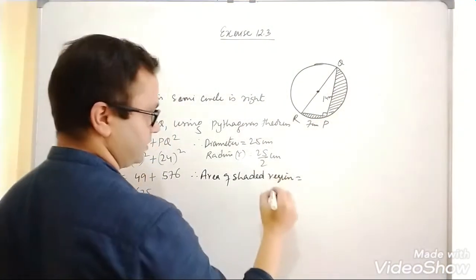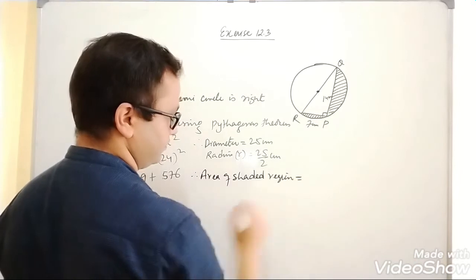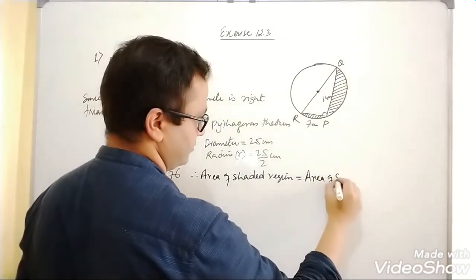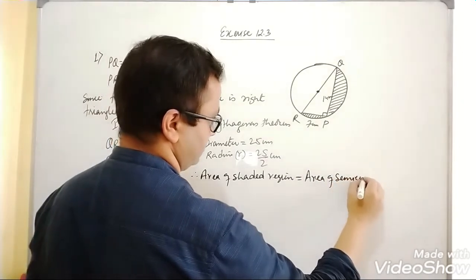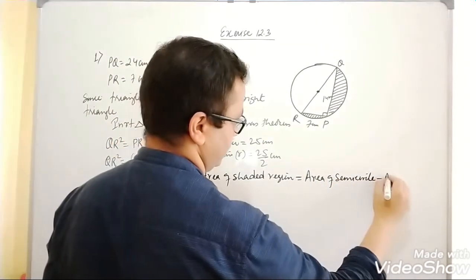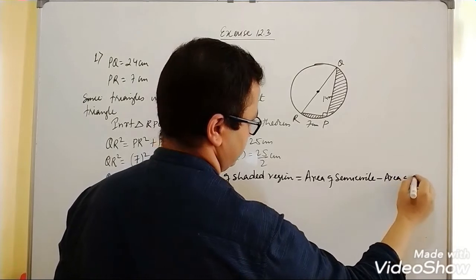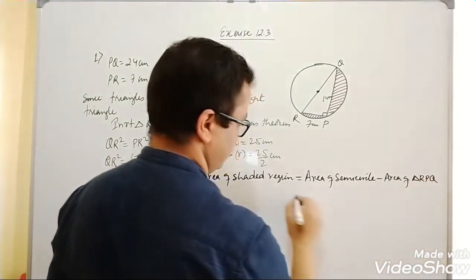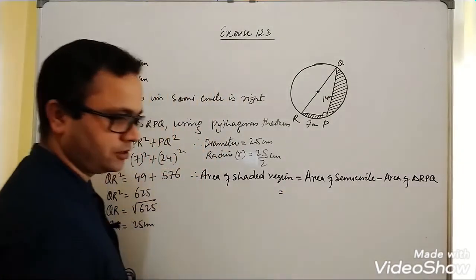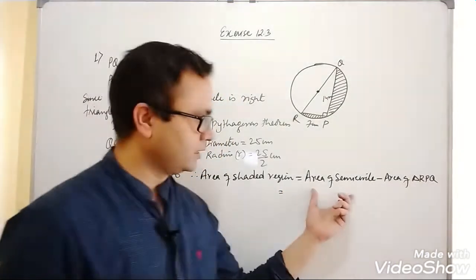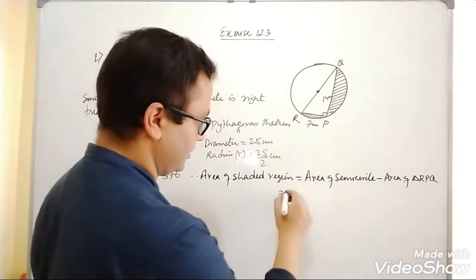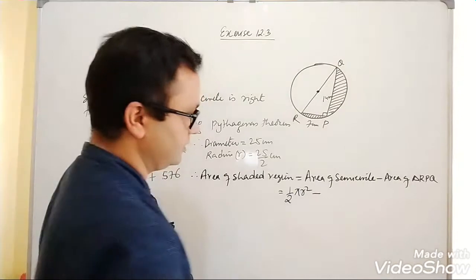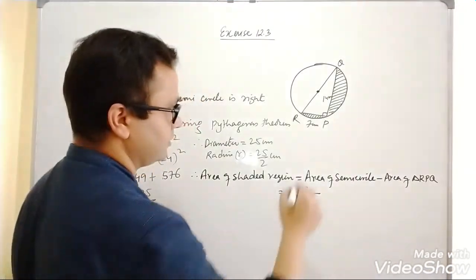Now area of shaded region is area of semicircle minus area of triangle RPQ. The area of semicircle is half of area of circle, so it is 1/2 pi r square minus area of triangle.